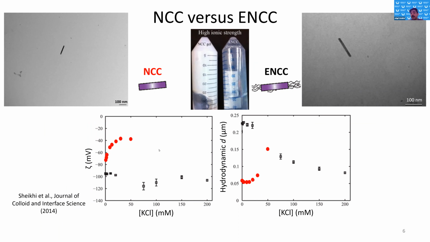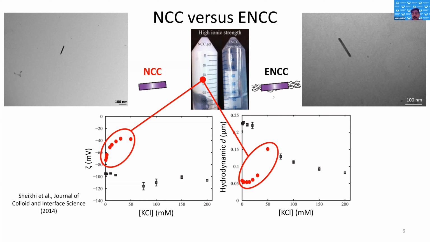So there are fundamental differences between conventional cellulose nanocrystals and hairy nanocelluloses. For conventional nanocelluloses, if you increase the salt concentration, they undergo aggregation and eventually, if you have a high concentration of them, physical gel formation. So you can see the increase in the size, for example, here, and the reduction in the zeta potential.